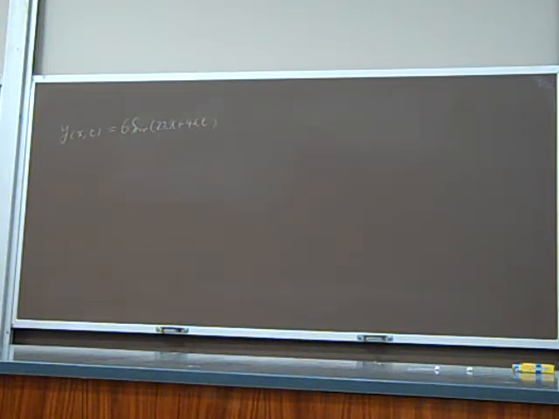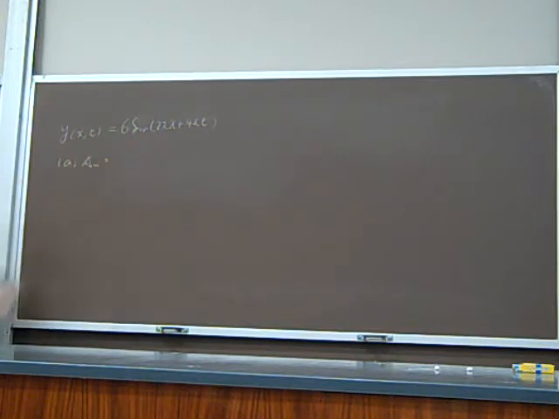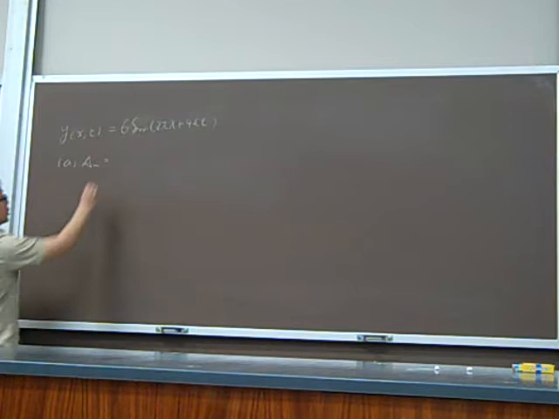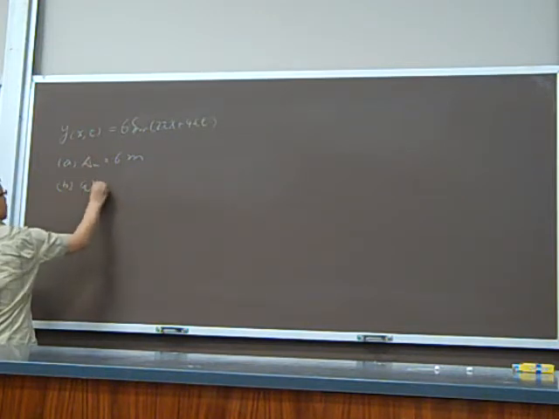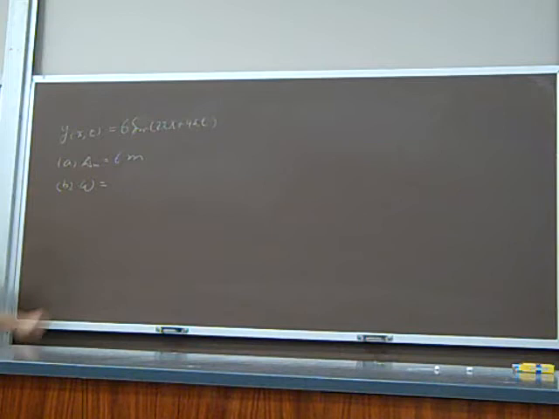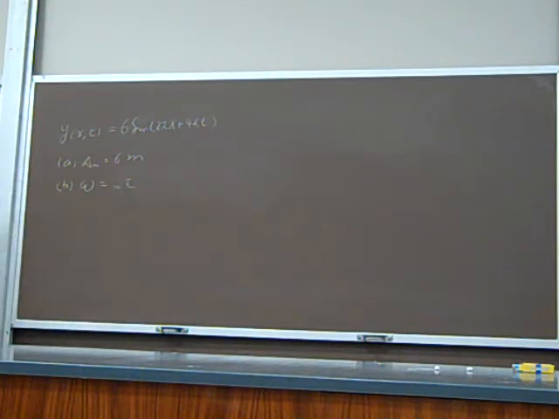So, A, amplitude, A_m equals to what? 6 meters. Okay, they are in the standard unit. B, angular frequency. Omega, what's that? 2 pi. Okay, you can keep 2 pi, or 6.28, something like that.